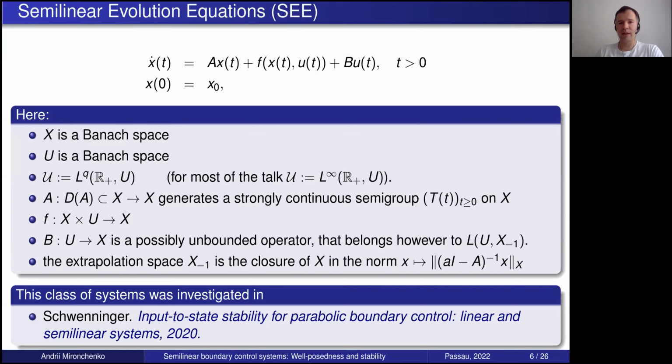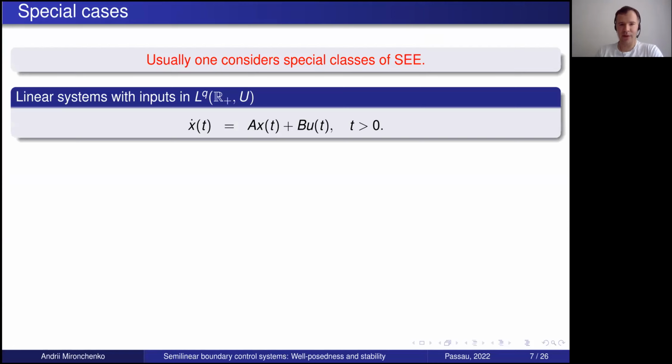Another reason why I like this class of systems is that in the last years, the general ISS theory for infinite-dimensional systems has divided into several subfields. Basically there are several classes of systems which are studied by separate methods, and they are developing as theories on their own.